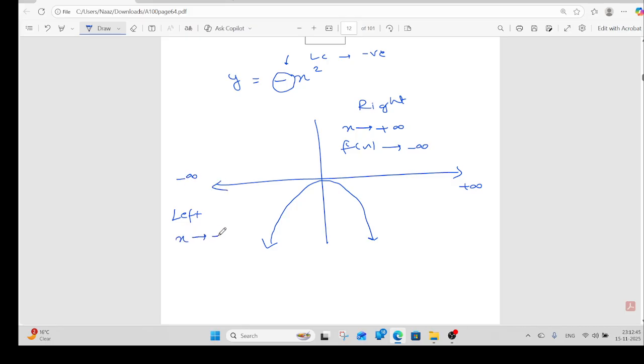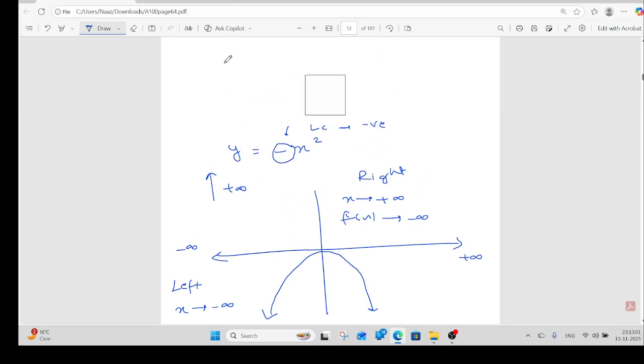So as x goes to negative infinity, f(x) is again going downward, f(x) goes to negative infinity. For downward we write negative infinity, for upward direction we write positive infinity, right? So this is the end behavior when the degree is even but leading coefficient is negative.